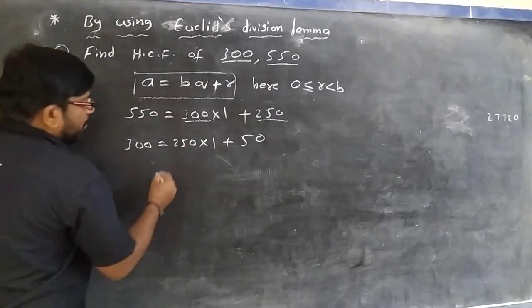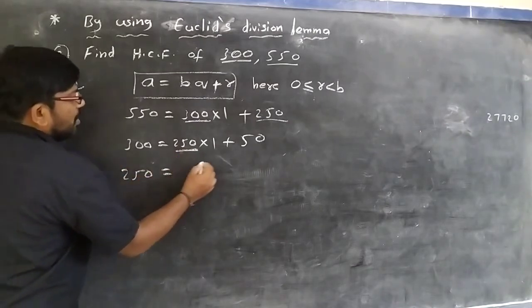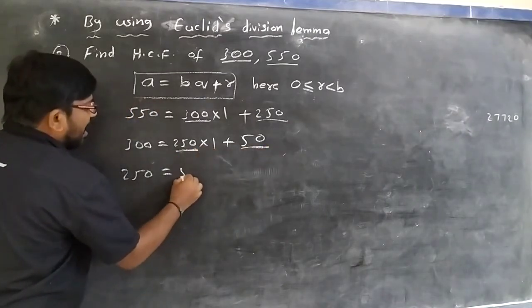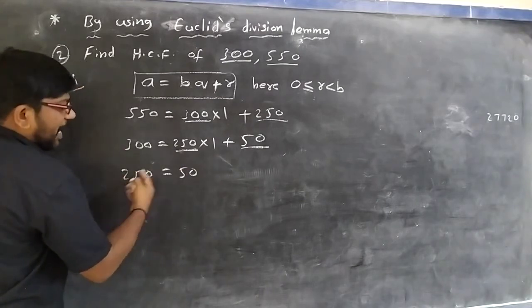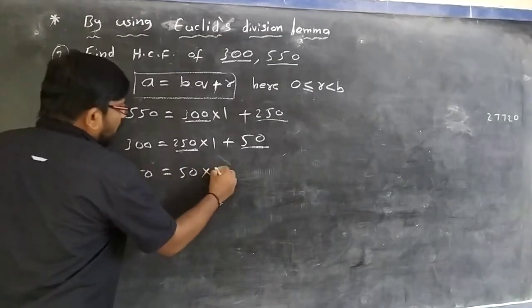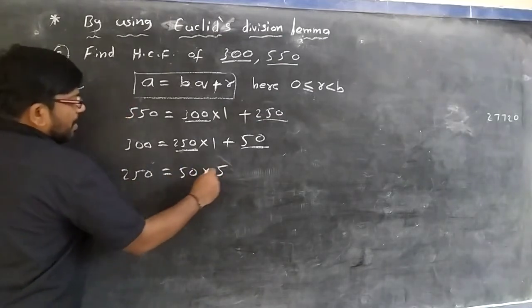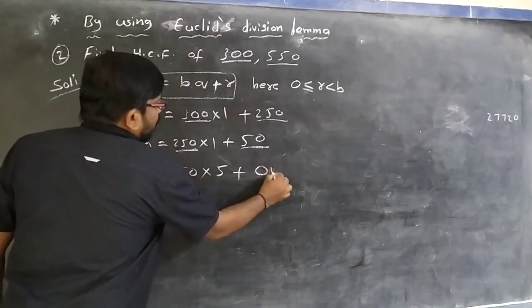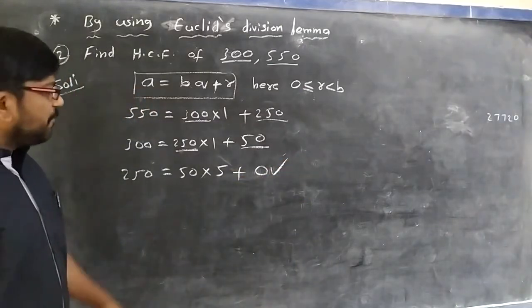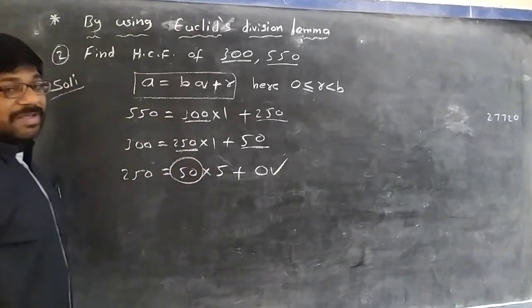Next step, 250 is taken as the dividend and 50 as the divisor. So 250 can be written as 50 into 5. 5 5s are 25, 250 plus remainder 0, right? So if the remainder is 0, then this is the HCF, right?